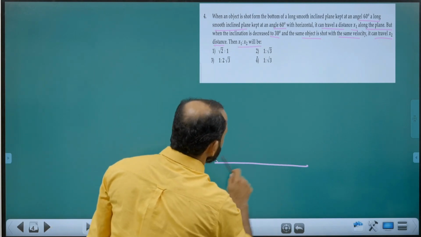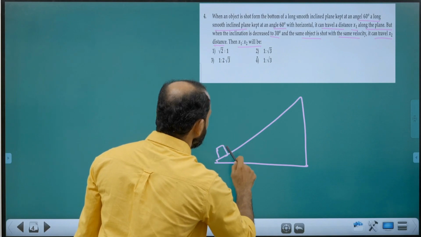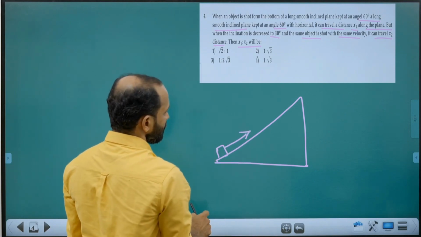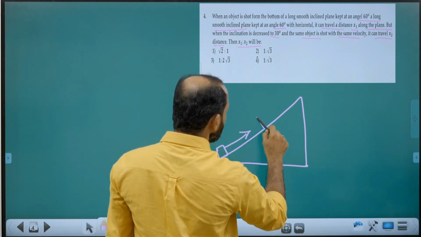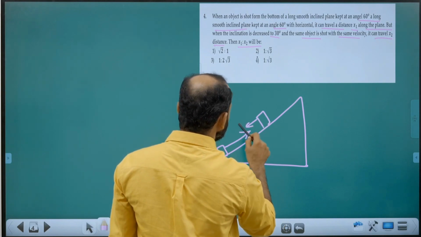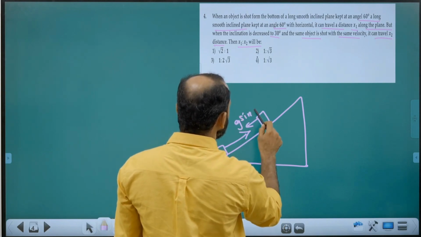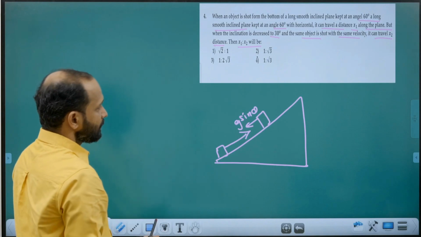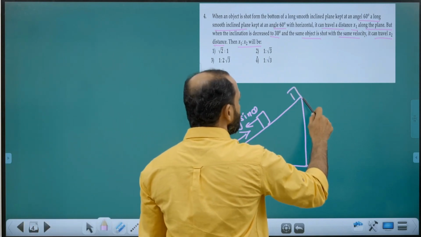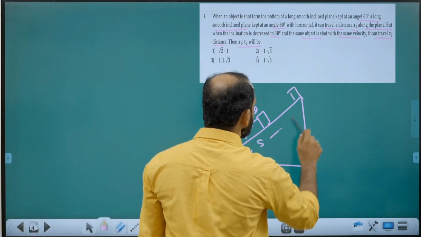Here, the object is projected up the inclined plane, along the inclined plane. Okay, along the inclined plane, when it reaches here, it has got a retardation which is equal to g sine theta. Now, in what distance will it get stopped? The distance traveled is s.